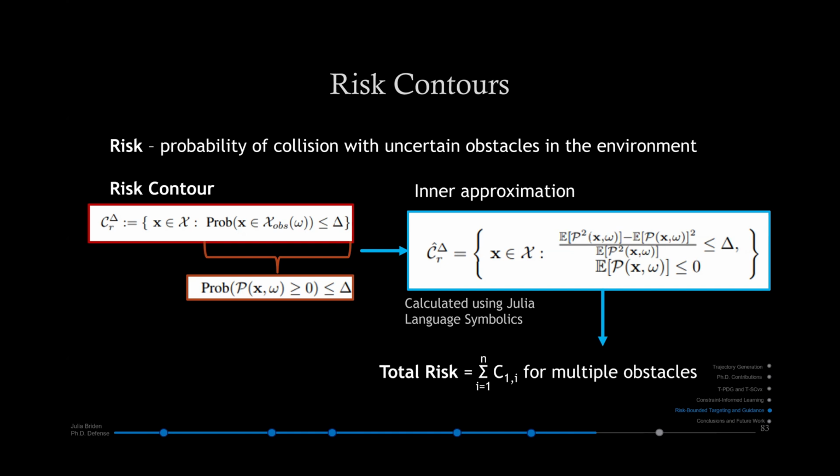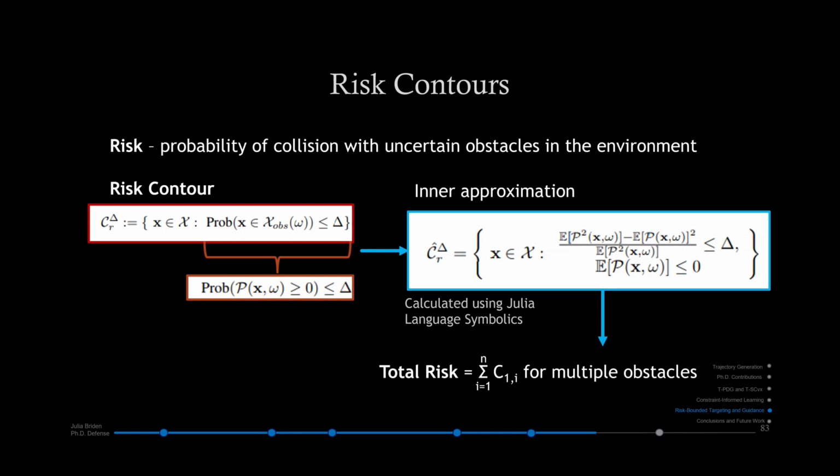So now to actually compute this in a closed form, you have to perform an inner approximation using method of moments. And based on that inner approximation, you're a little bit more conservative with that allowable risk, but you're able to compute in closed form what each of these values would be related to risk.